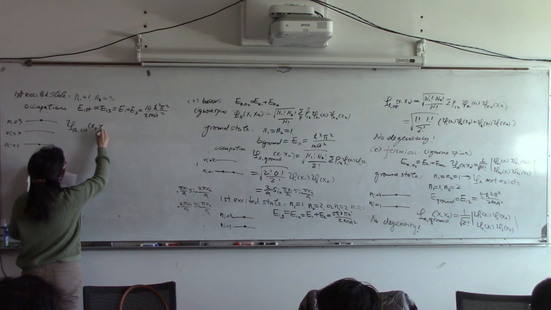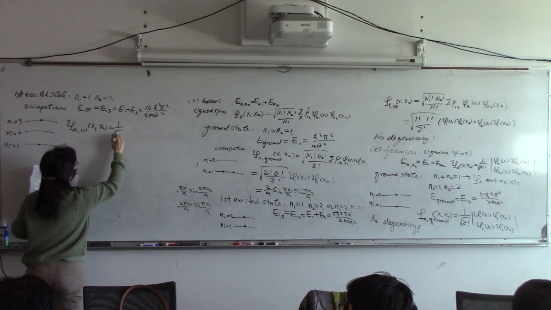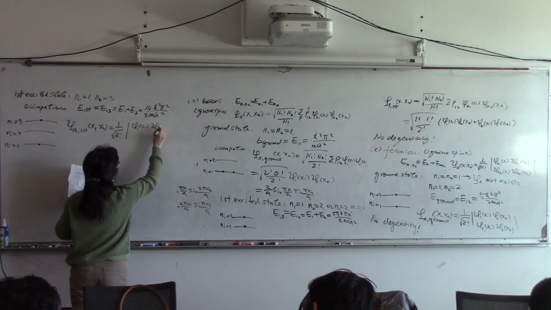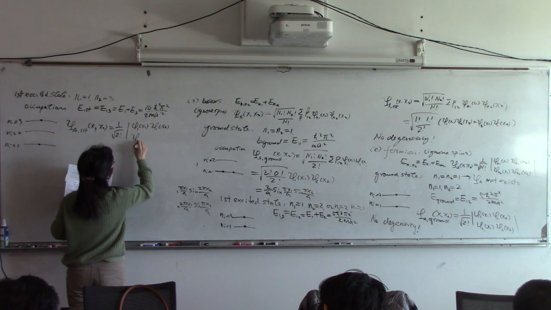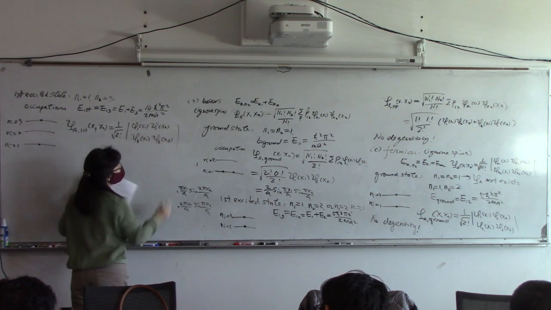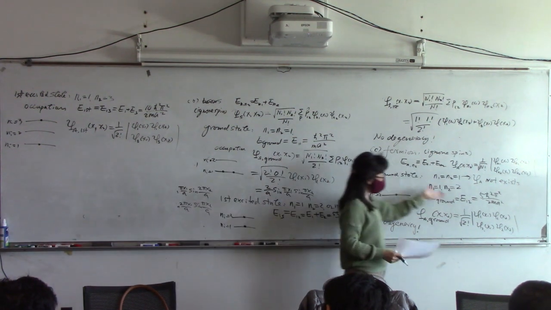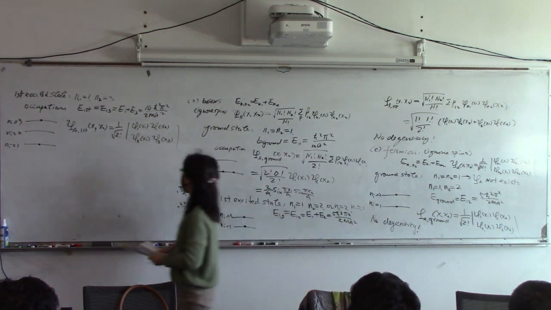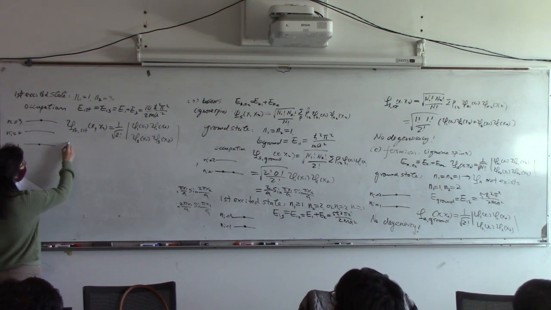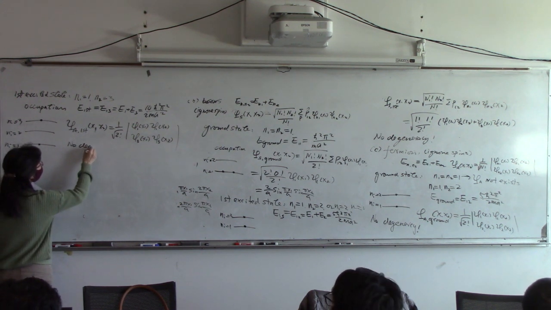So we can construct it following this formula: psi 1 x1, psi 1 x2, psi 3 x1, psi 3 x2. So this is a very simple Slater determinant, right? So I just leave it here, and you know how to do that. And again, no degeneracy, right?